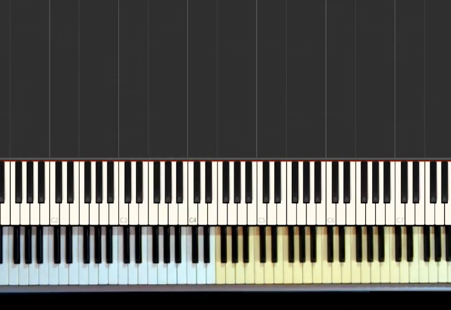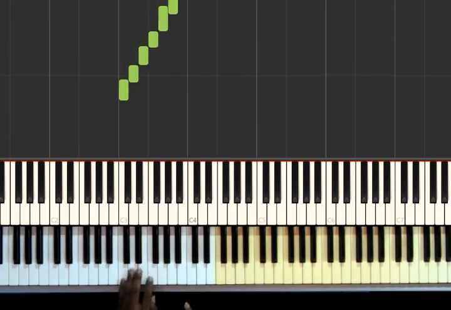Good. So keep practicing this for the week. It could take you a week or two. Get used to the left hand as well after practicing the right.